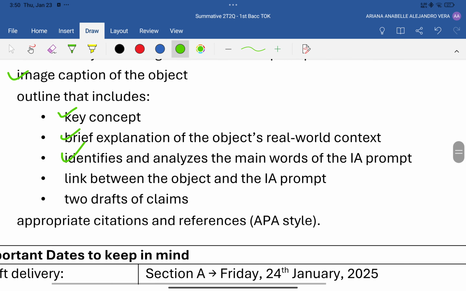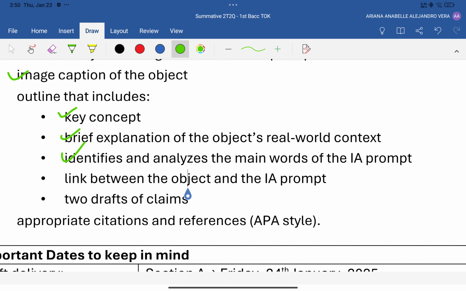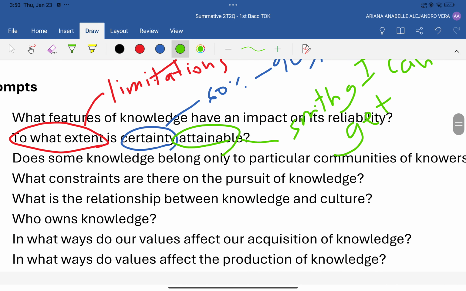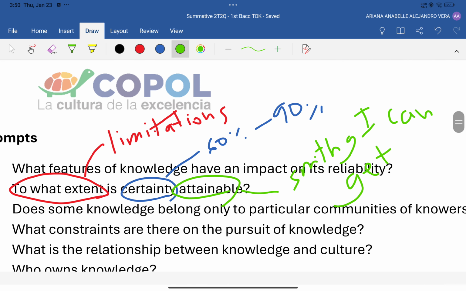Okay, this object, I can say that this object, which is the processor for the Apollo 11, is connected to how certainty is attainable, because this object helps process with a high accuracy what the rocket should have done or did during this launching to the moon, or yes, it was to the moon.